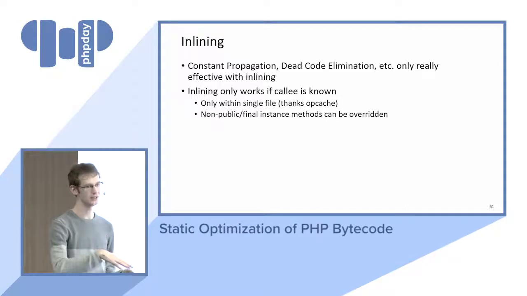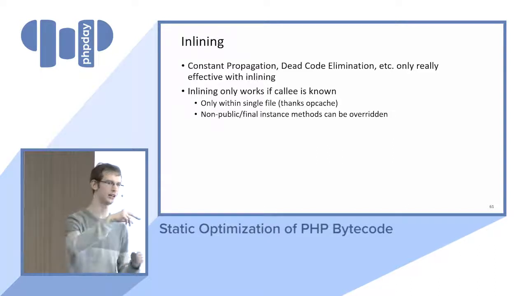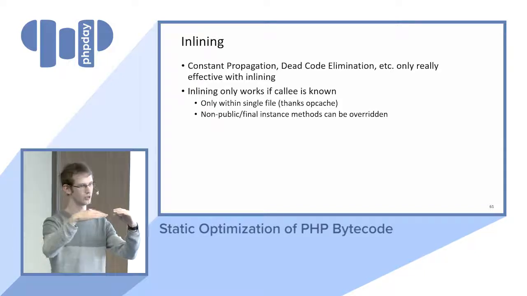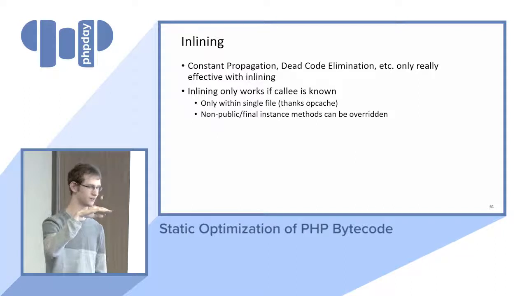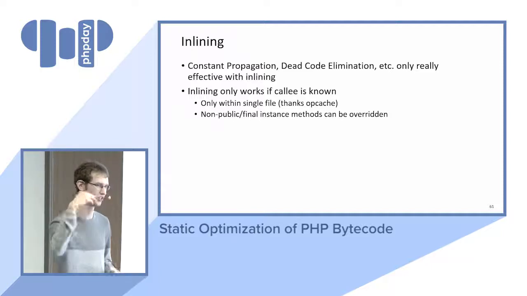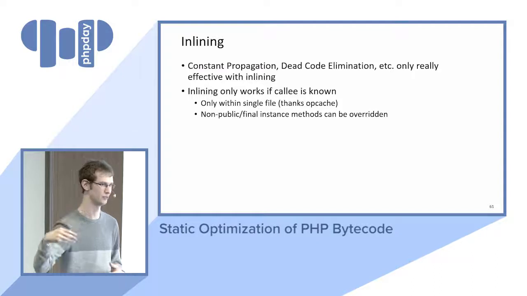We could still inline it, but then it would be speculative. We would have to introduce a check like, has this method been overridden? In that case, we fall back to the normal code. And if it's not been overridden, then we use the inline variant. But that also introduces complexity, and the additional check might be more expensive than the actual benefit we get from the inlining.